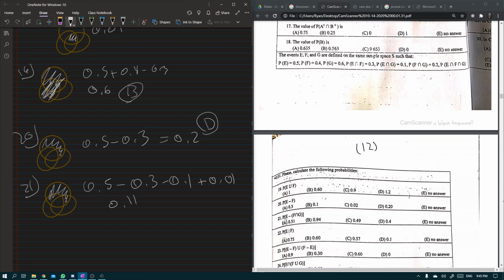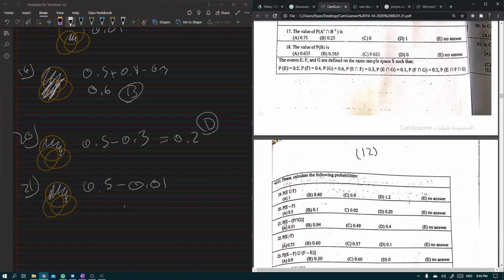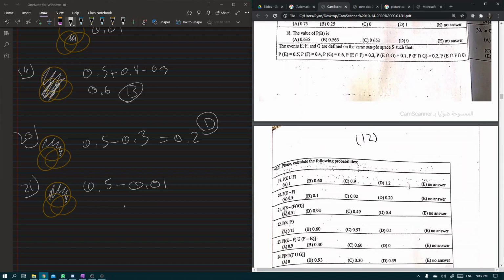See, so it's just E minus 0.01. So it's 0.49.